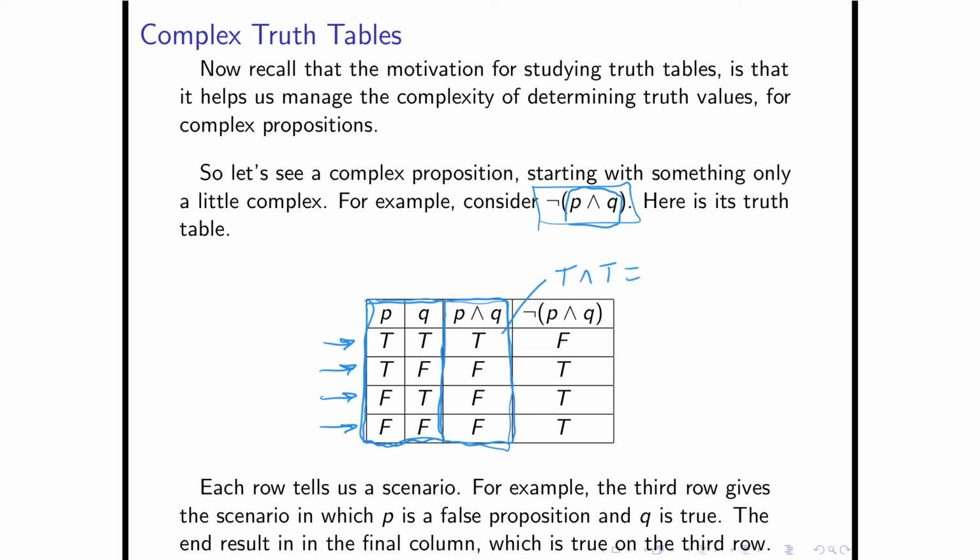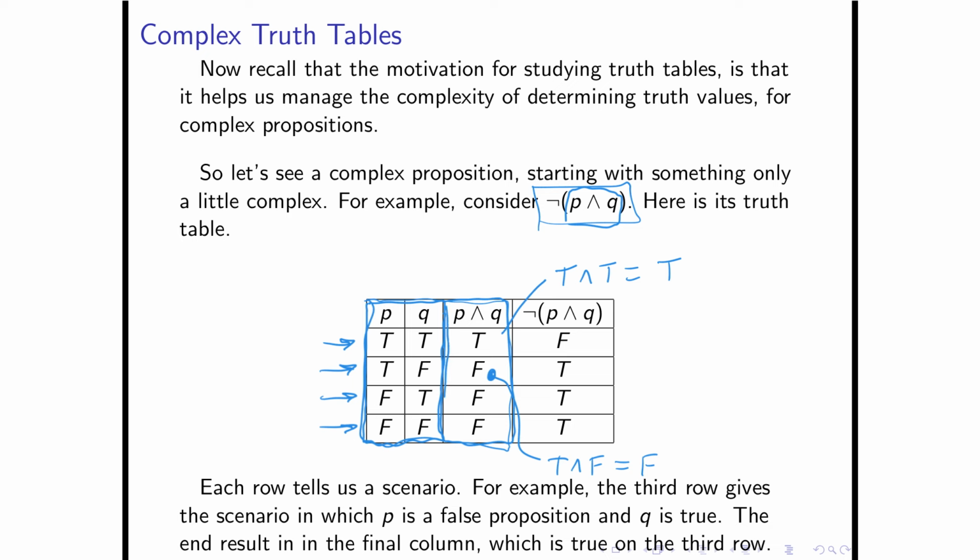And then we'll just say that the conjunction rule is that true conjunction true is true. If we apply the same system to the second row, then we would say that we're looking at true conjunction false, and using the conjunction rules, this evaluates to false. So that's why that coordinate gets an F.